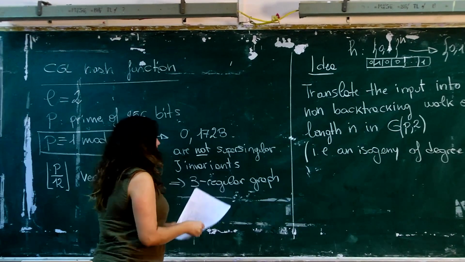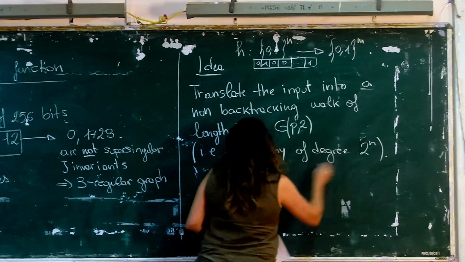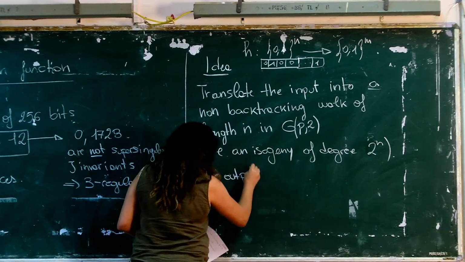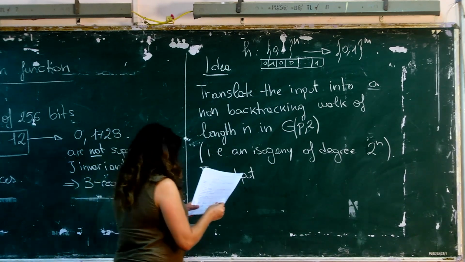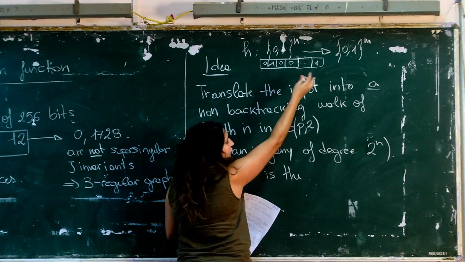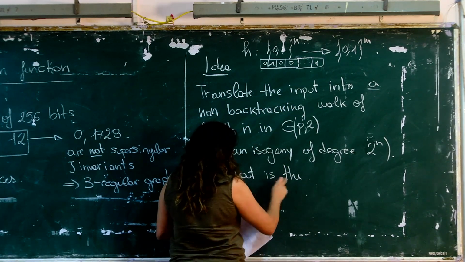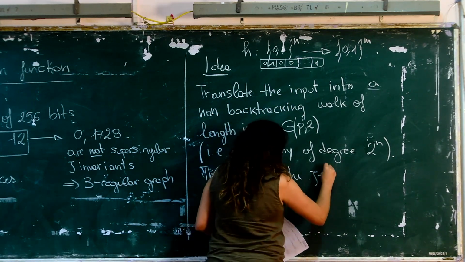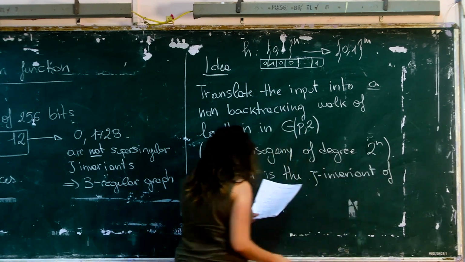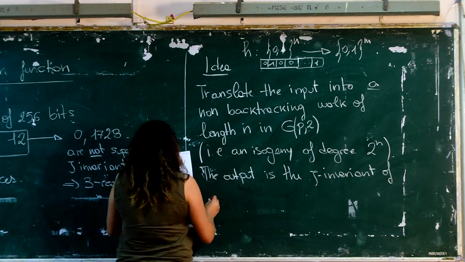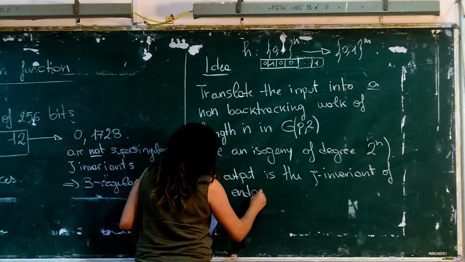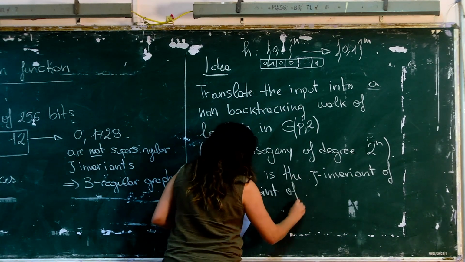And the output is the j-invariant, which of course we then have to translate into a sequence of bits, the j-invariant of the endpoint of the walk.